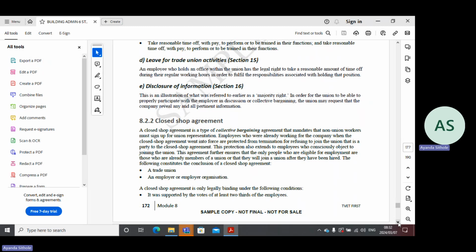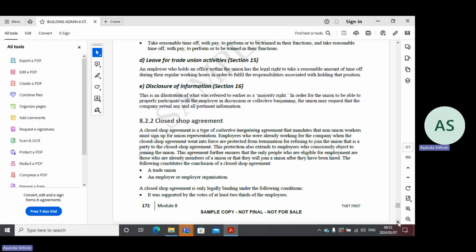A closed shop agreement is a type of collective bargaining agreement that mandates that all non-union workers must sign up for union representation.